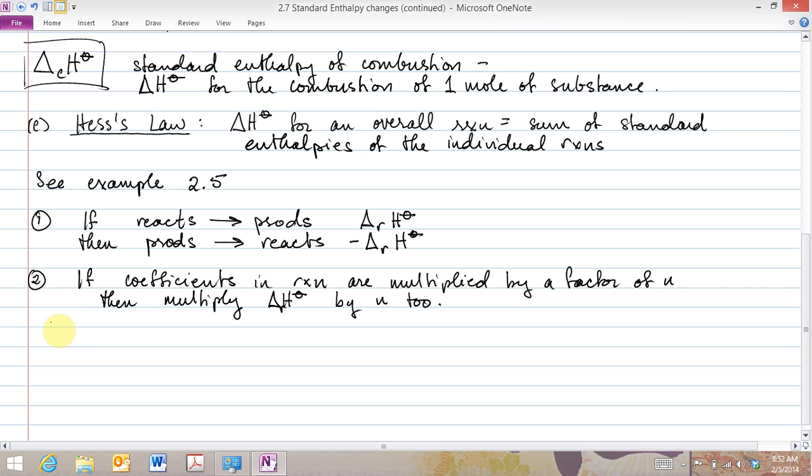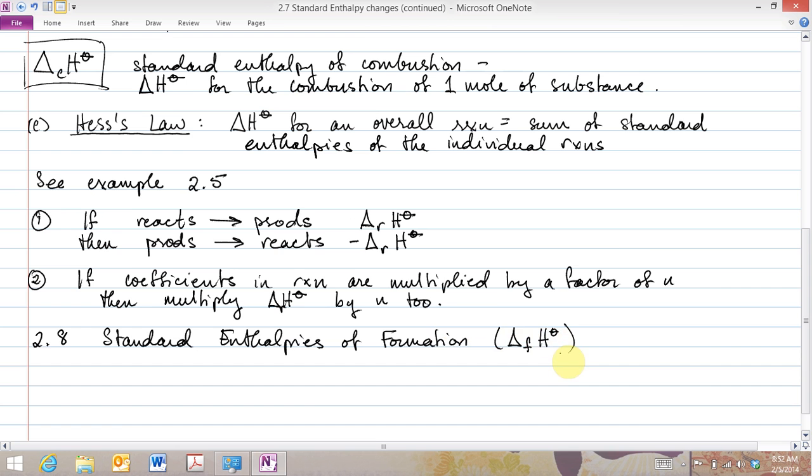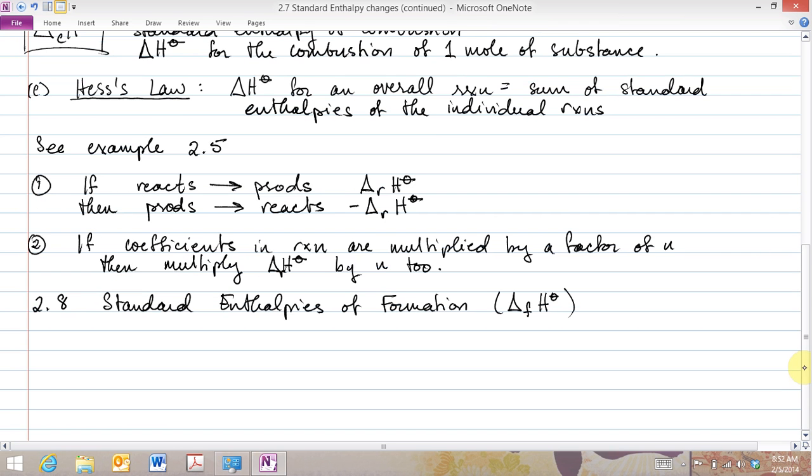That brings us to 2.8, standard enthalpies of formation, denoted by this subscript F after the delta.